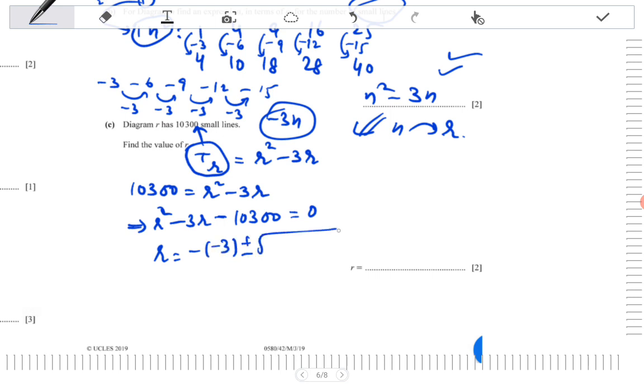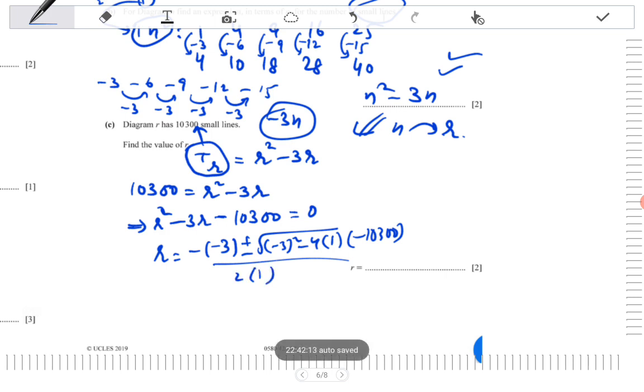R equals minus b plus minus the square root of b square minus 4ac, upon 2 times a. So it will give you the answer of this quadratic equation. I am just solving it directly on my calculator to save time.